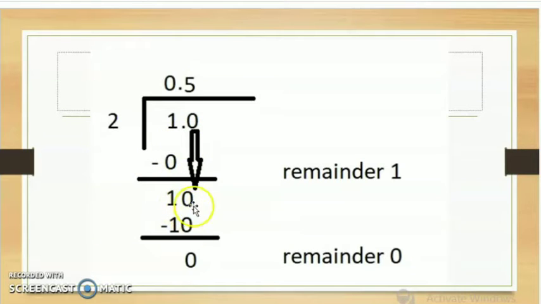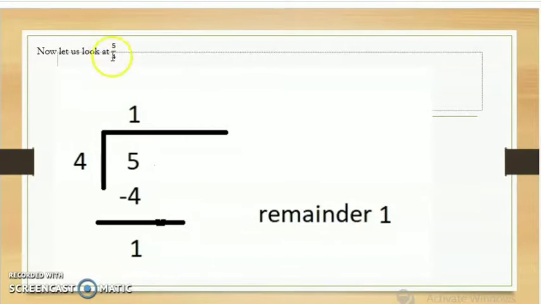Then we bring down a 0 after putting the decimal point. This is what we have done in lower classes. Now 2 multiplied by 5 gives 10, and the remainder is 0. So 1 by 2 is 0.5.